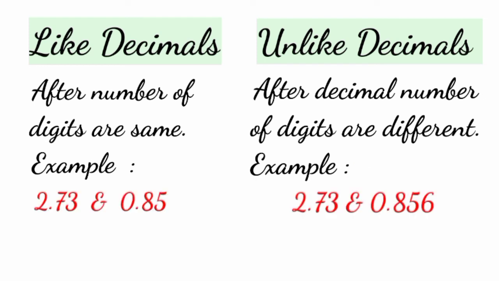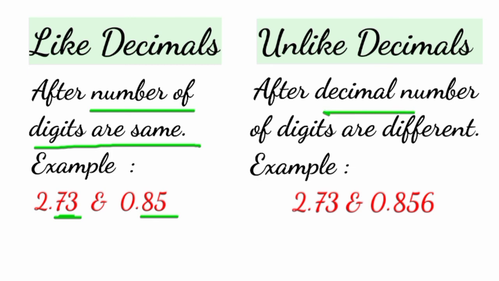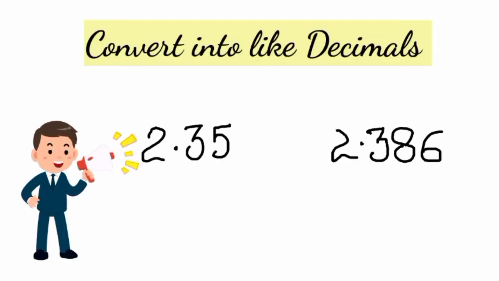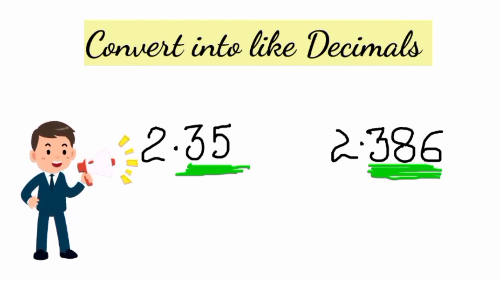Clear? Decimal के बाद अगर दोनों numbers में same number of digits हैं, 2 2 हैं, 3 3 हैं, 4 4 हैं, so they will be called like decimals. अगर different number of digits हैं, so they will be called unlike decimals. Clear? Now we can make unlike decimals like decimals. हम अनलाइक डेसिमल्स को भी लाइक डेसिमल बना सकते हैं. कैसे बनाएंगे? Suppose we have 2 digits in this number after decimal and we have 3 digits in this number after decimal.